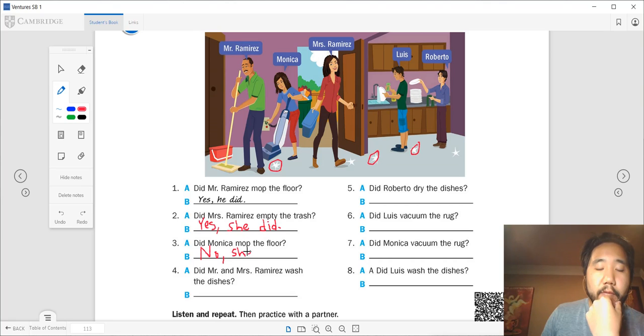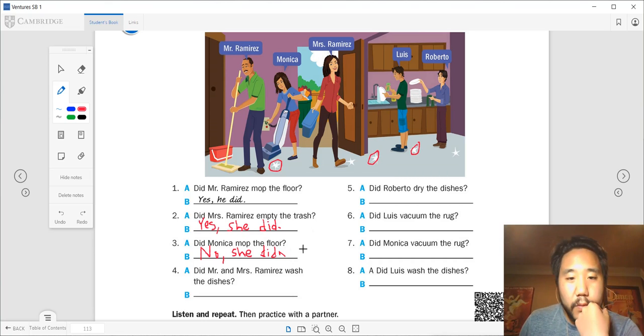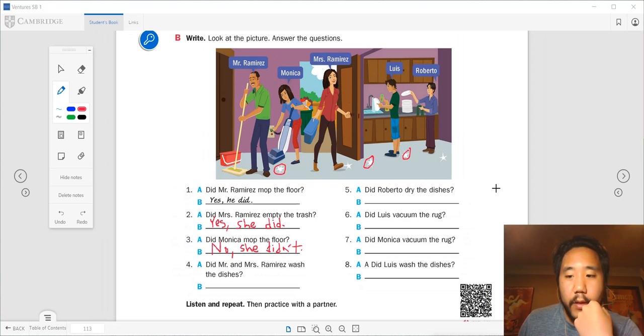So we have to use a negative statement. Okay, so did Monica mop the floor? No, she didn't, because she was vacuuming the floor.